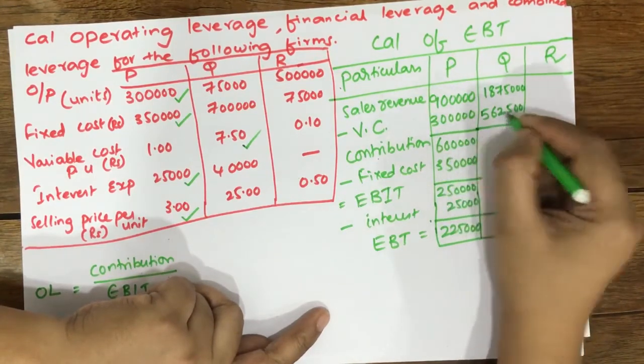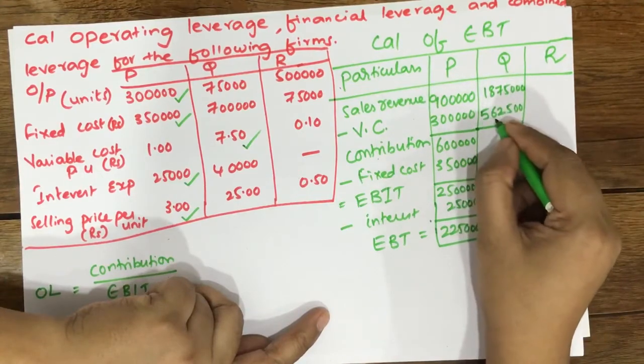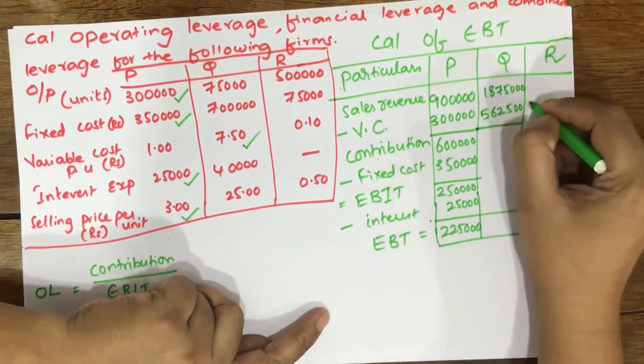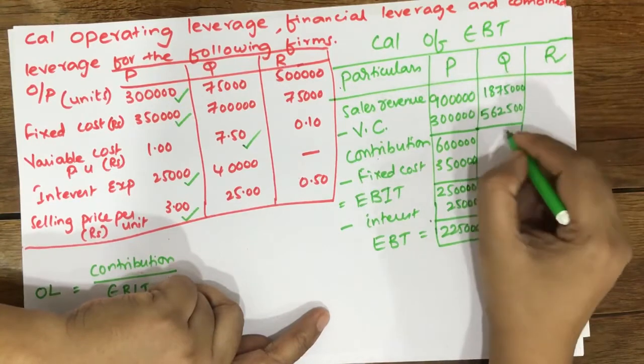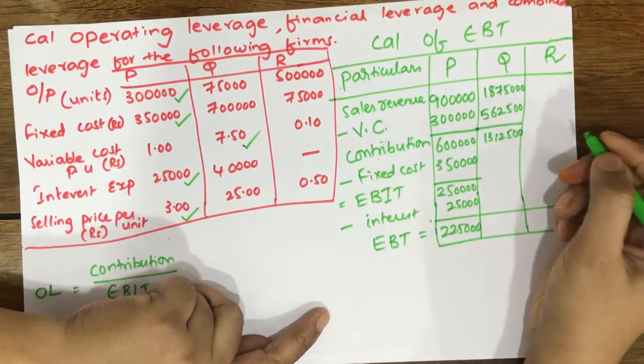The difference between these two, 18,75,000 minus 5,62,500, is 13,12,500.